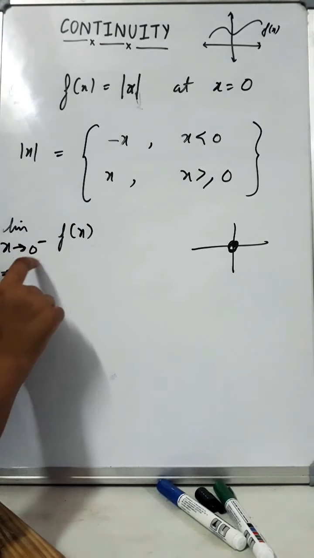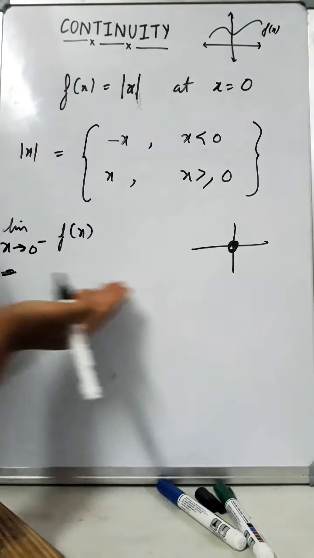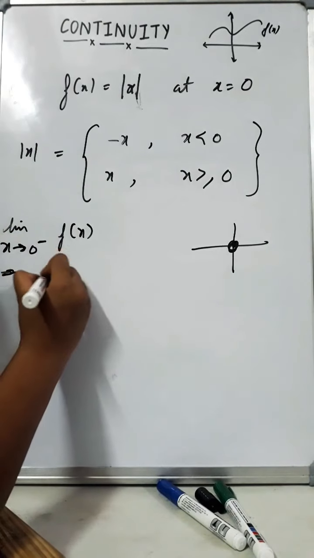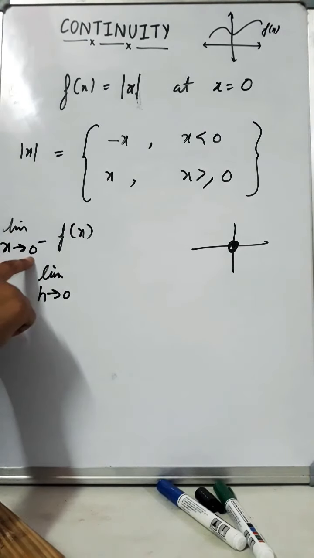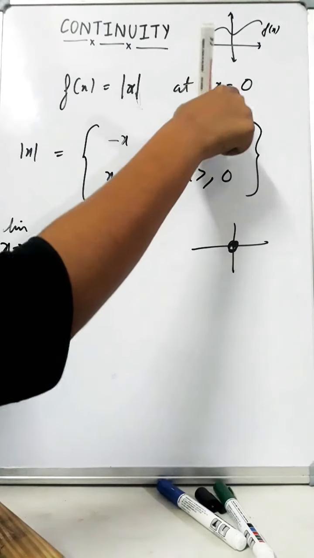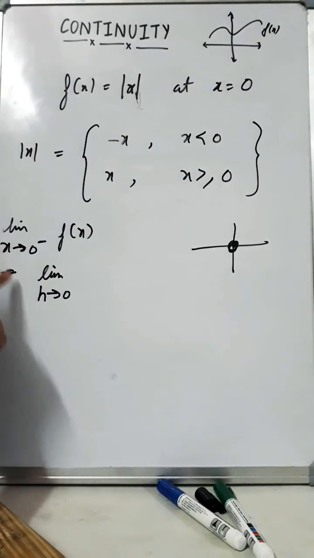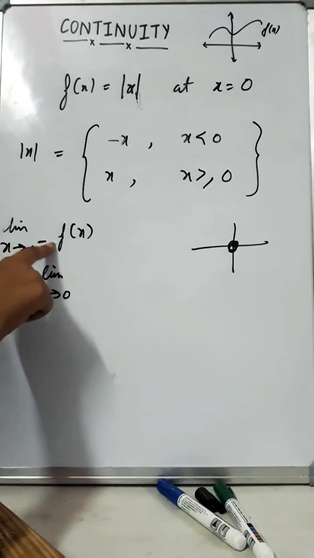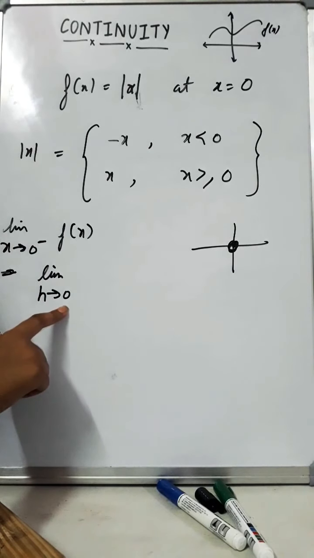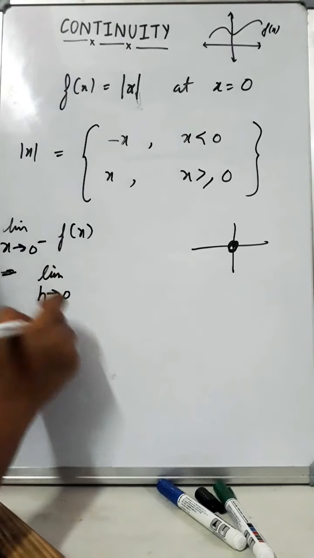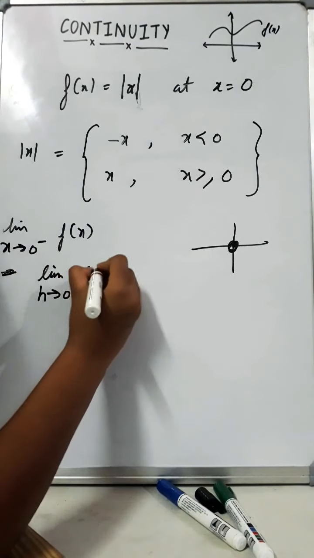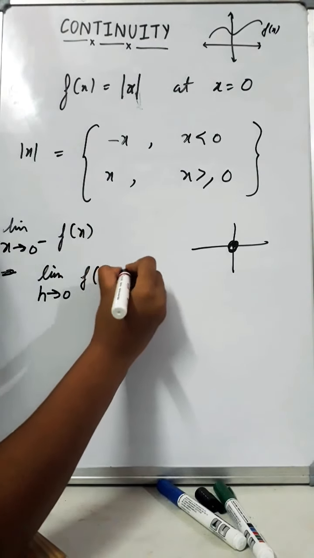You know this very well. When we are tending from the right hand side, we will change this limit to h tends to 0. When any point is given and we have to turn it to 0, for x tends to 0 minus, h tends to 0. We'll change this function, so it becomes a function of f(0 - h).